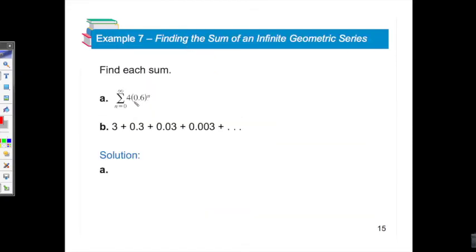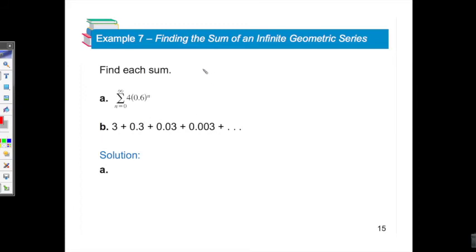So, for example, I have a different equation here, very closely related to the last one. I'm starting at n equals 0, going all the way to infinity, and I want to try and find what my value is that I'm approaching. So, here's what I'm going to do.